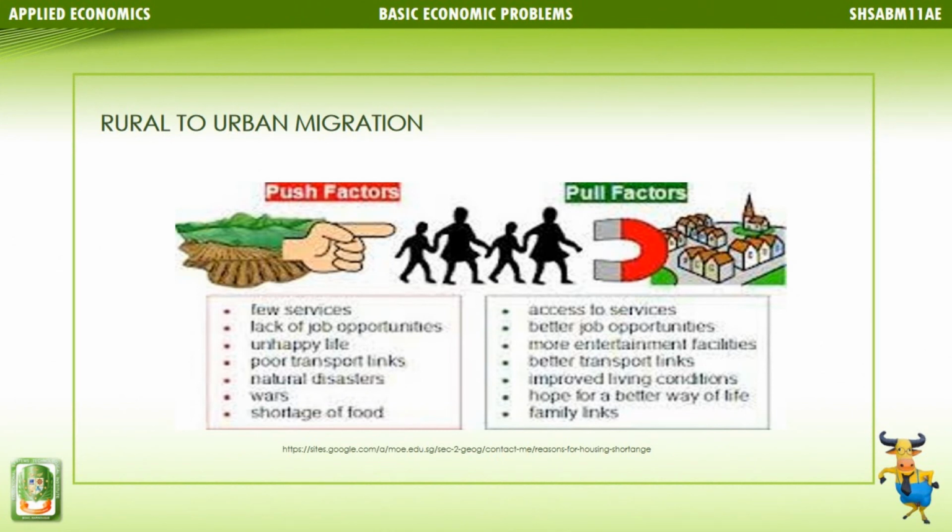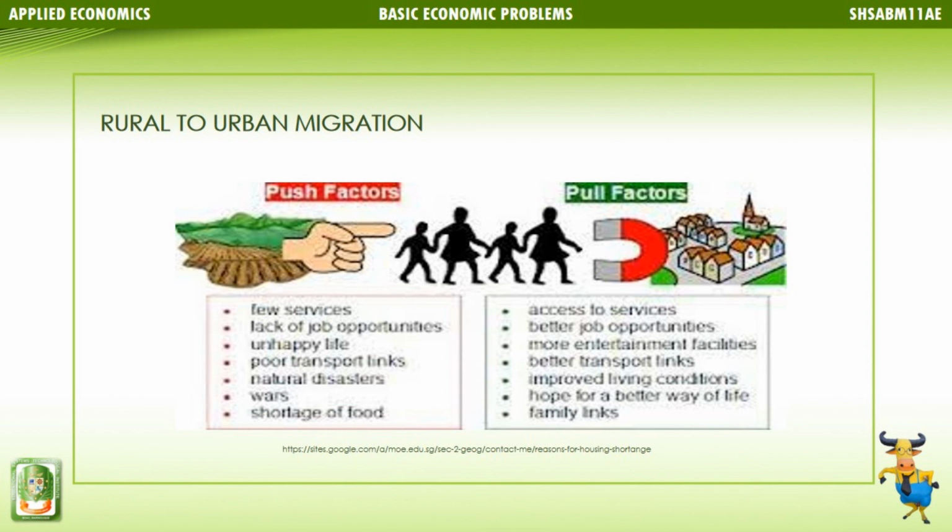Rural to urban migration. What are the push factors and the pull factors of this problem? Push factors of this rural and urban migration: few services, lack of job opportunities, unhappy life, poor transport links, natural disasters, wars, and shortage of food.